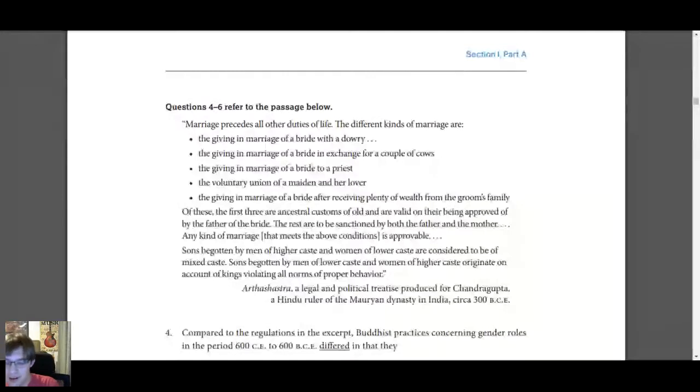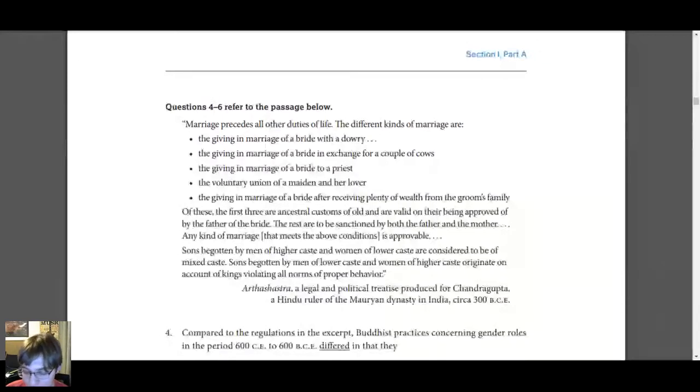All right. Marriage precedes all other duties of life. The different kinds of marriage are the giving in marriage of a bride with a dowry, the giving in marriage of a bride in exchange for a couple of cows, the giving in marriage of a bride to a priest, the voluntary union of a maiden and her lover, the giving in marriage of a bride after receiving plenty of wealth from the groom's family.